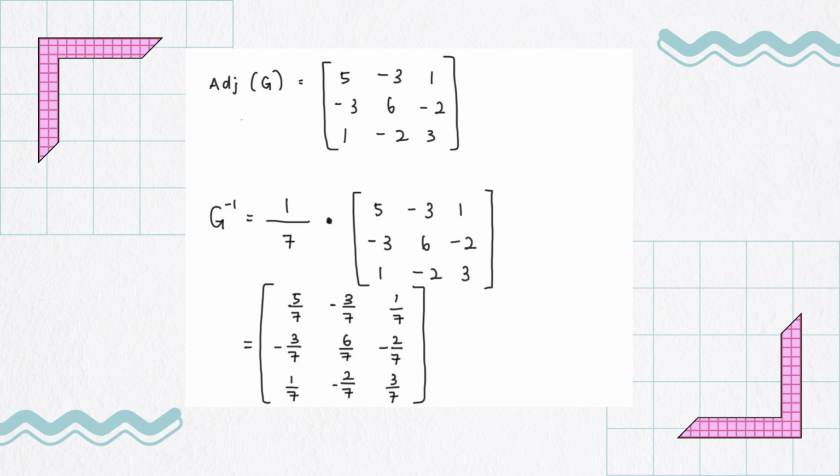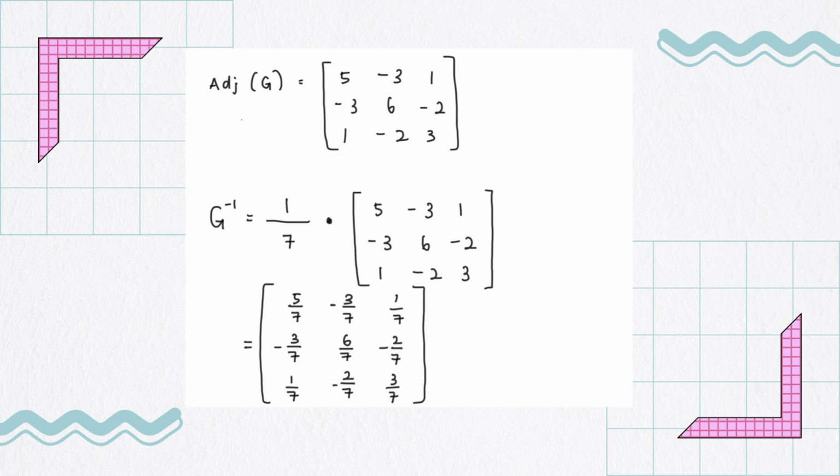So we transpose it, and we get 5, negative 3, 1, negative 3, 6, negative 2, 1, negative 2, 3. Then to find the inverse of matrix G, 1 over determinant G times adjoint G is equal to 1 over 7 times the adjoint G.